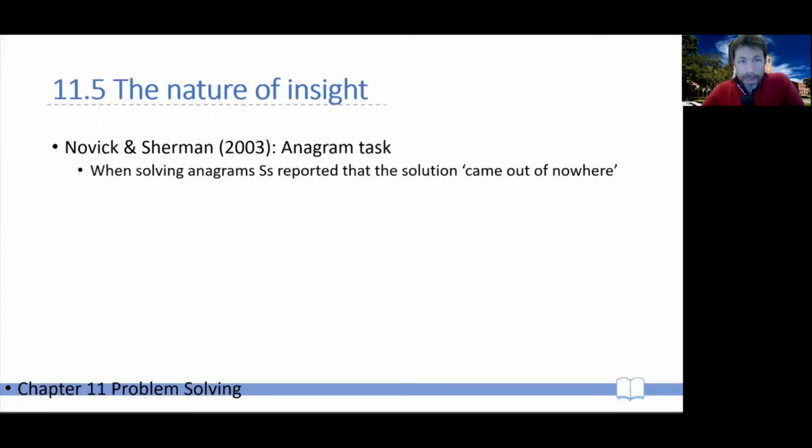Now, Laura Novick and Sherman were particularly interested in how exactly we get to have insight. And to do this, they used a very clever task, an anagram task. This particular study was divided in two parts.